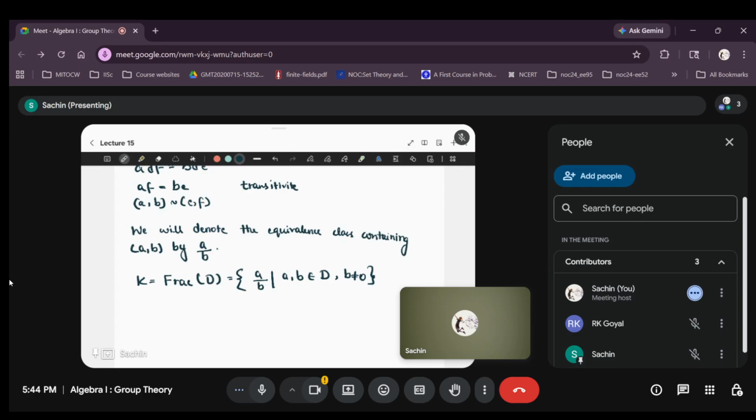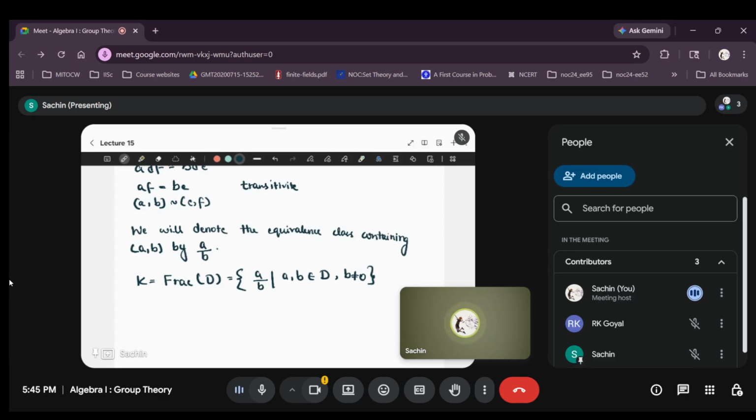So this is kind of a similar thing. Instead of working with fractions of these numbers directly, we are working with the equivalence classes of fractions.